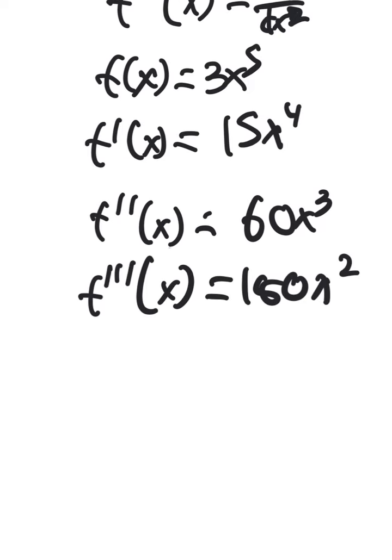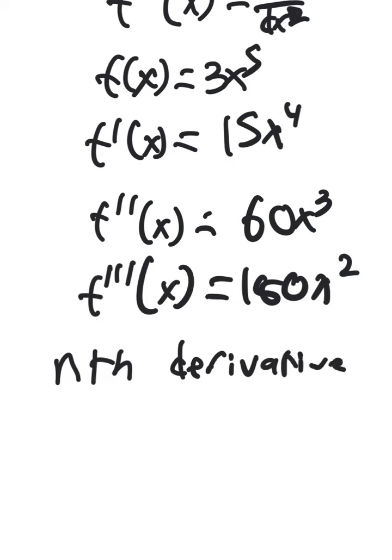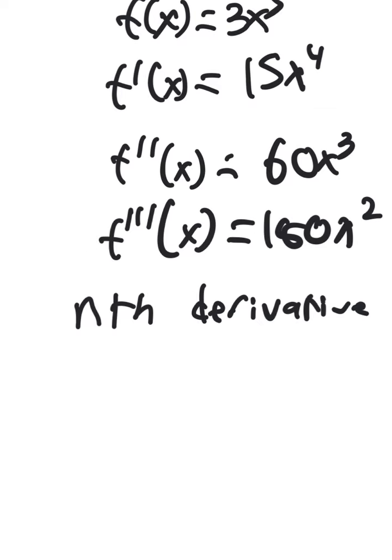Now, sometimes a more complicated question with this is that they could ask you for the nth derivative. This usually happens when there's a pattern when you're taking derivatives. It'll be a little clearer with an example. Let's say you're asked to find the nth derivative of e to the 2x.